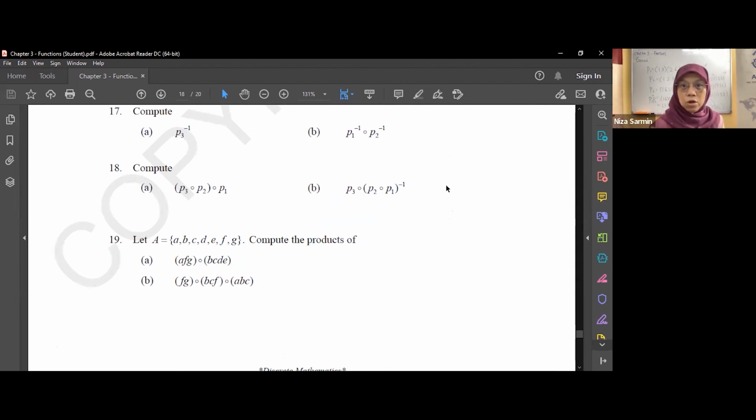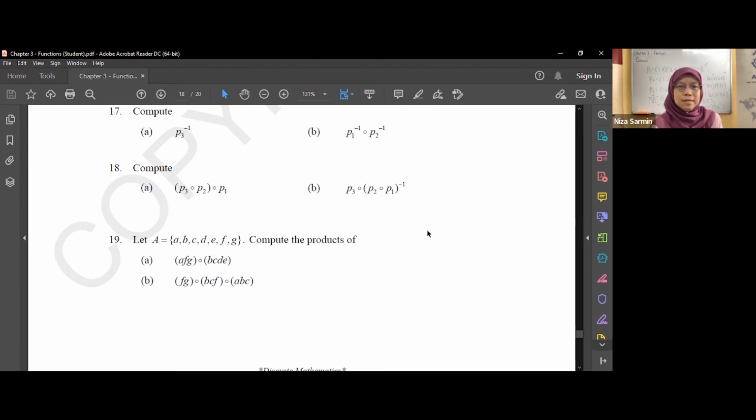And then compare your answer with your friend. If your answers are different, definitely one is wrong. Or both are wrong. So compare with 3 of you. If 2 are the same, the probability for those 2 to be right is high. Alright? And then you can do the rest.